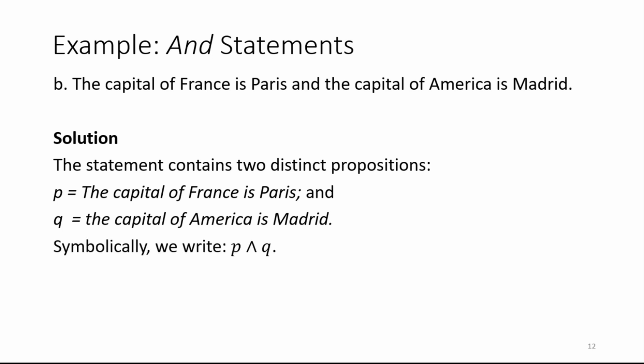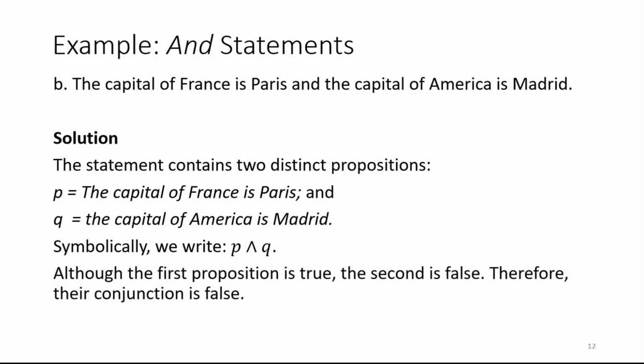Symbolically, we would write P conjunction Q. Now let's observe, although the first proposition is true, the second is false. Therefore, the conjunction is also false. That is, symbolically we know T and F equals F. That is, truth and false equals false.